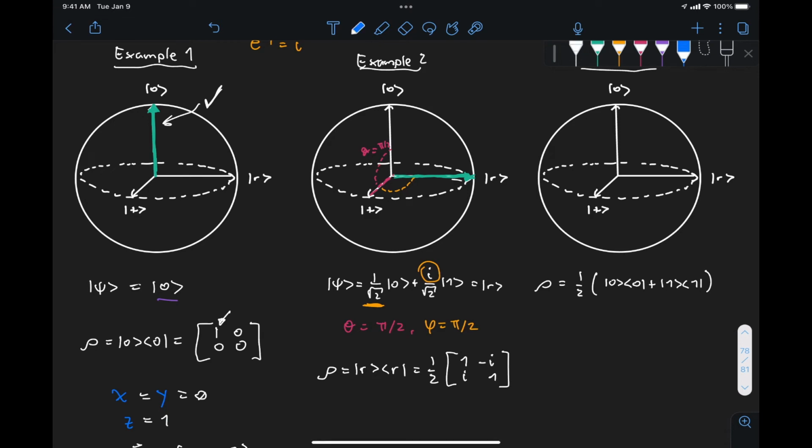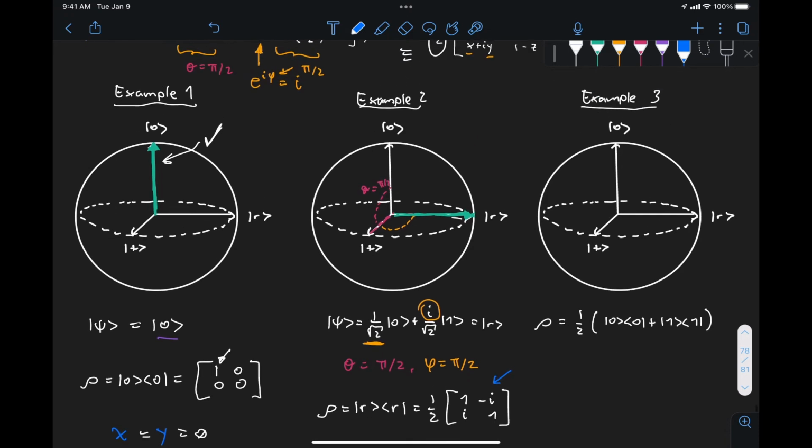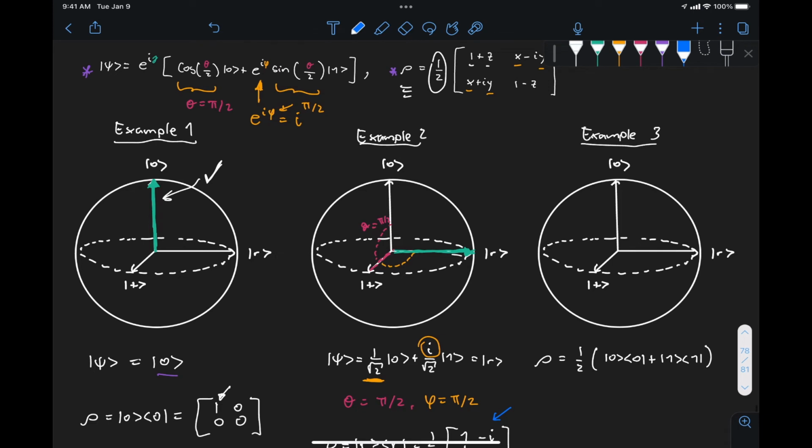So then what are the values that x, y, and z must take to give us this density matrix? Well, if we go up here, to get a 1 in the diagonal terms, z must be equal to 0, right? And the off-diagonal terms are minus i on the top right corner and i in the bottom left corner. So that means that x must be equal to 0 and y must be equal to 1.